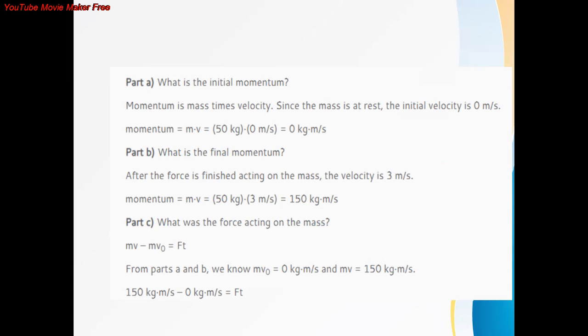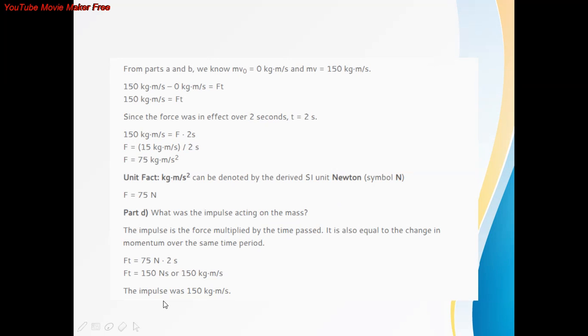So when we put this in the formula, F t equals final momentum minus initial momentum, we get F t equal to 150, and t is 2 seconds. So we get force equal to 75 kg meter per second squared, or we can say this is in Newton also. So 75 Newton is the answer for force.